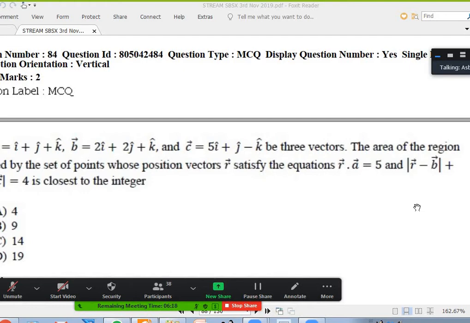Some selected topics. Okay. Fine. If they purposely left, it's okay.